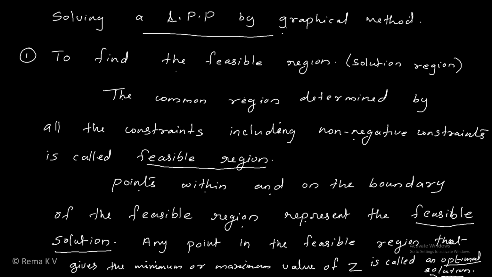In the graph, we draw the linear constraints or the linear inequalities given in the question. Then we find the feasible region, the common region satisfied by all these inequalities, and then find the maximum or minimum value of z in that region. That is what we are going to do in linear programming.